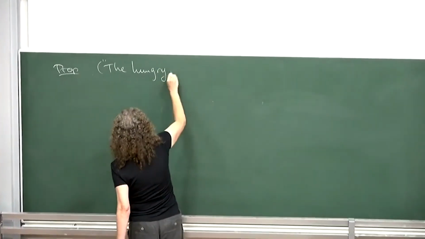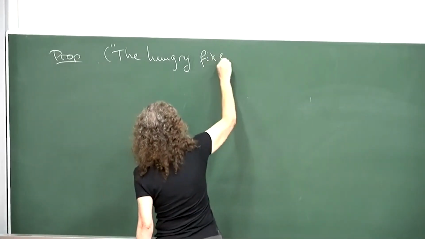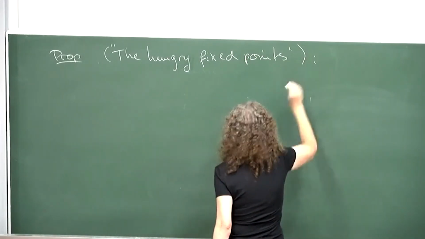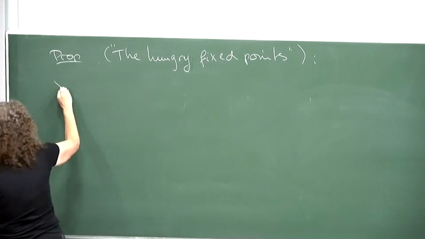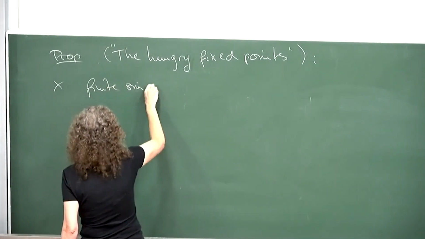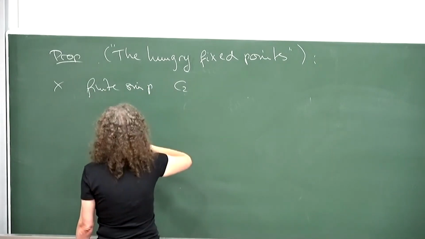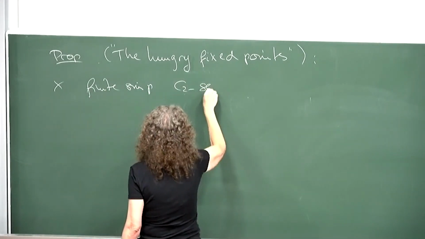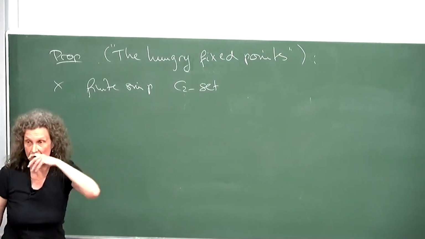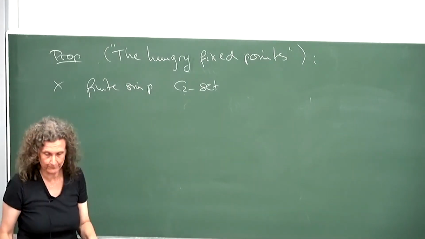So these are the fixed points. X is any finite simplicial C2 set, and I take the constant Tambara functor on the integers.